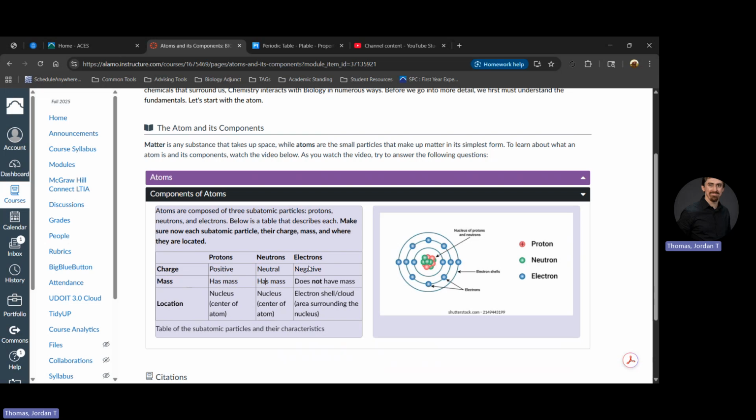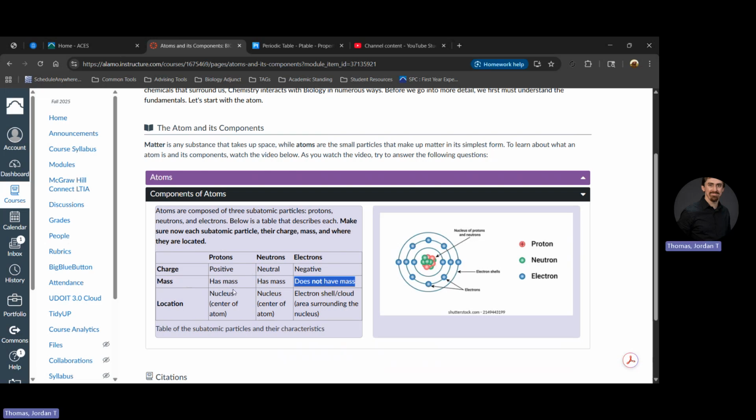The last one, though, is the most different. Electrons. And electrons are going to be very important in the next section. So we have a subatomic particle that's positive, one that's neutral, and now electrons are negative. Electrons are so small that we say they have no mass at all.